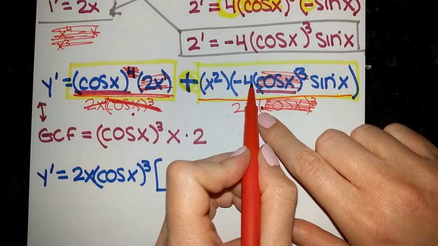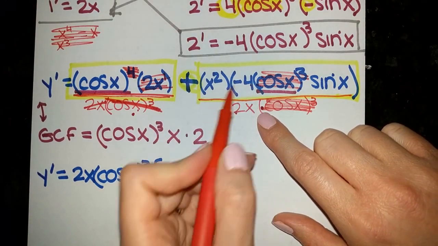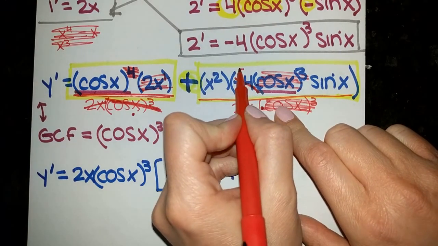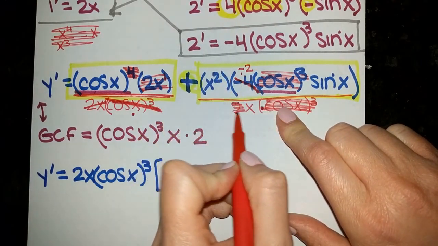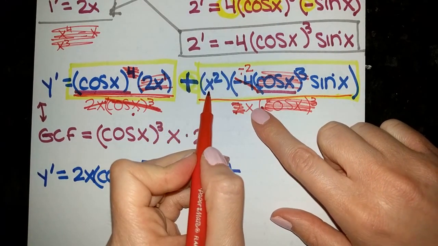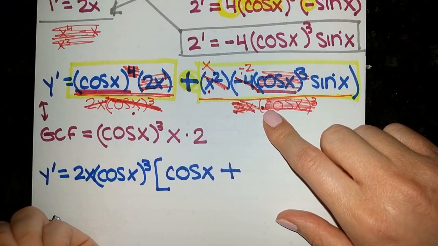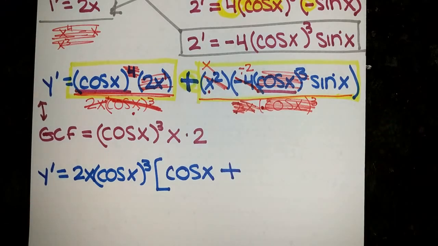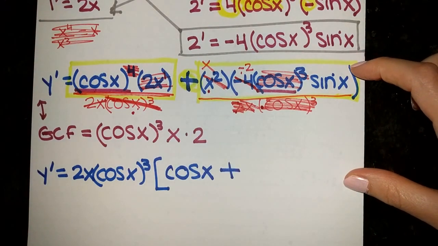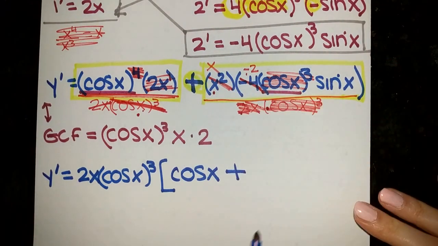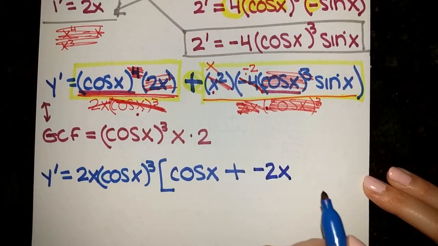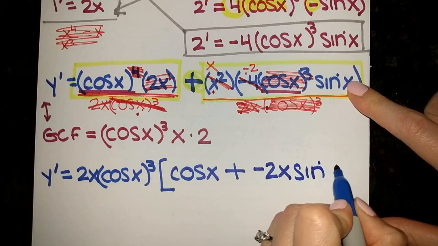We see here that we have a negative 4 divided by 2, so that is going to become a negative 2. And then we have an x squared over x, so that's going to become just x to the first when we subtract our exponents. So from this second term, what we are left with is x times negative 2, so that's a negative 2x, and then we also have the sine x.